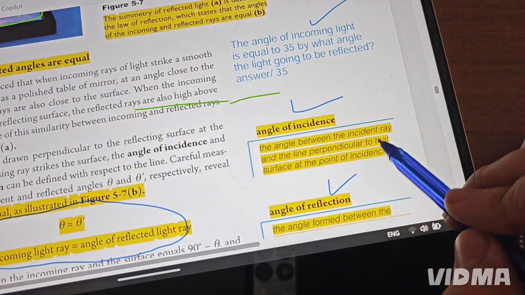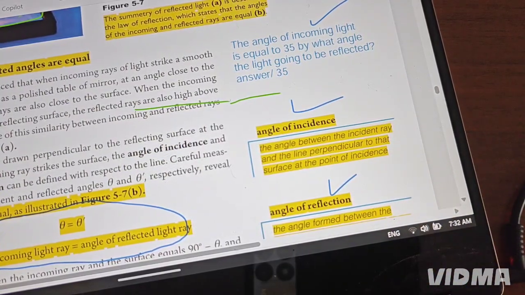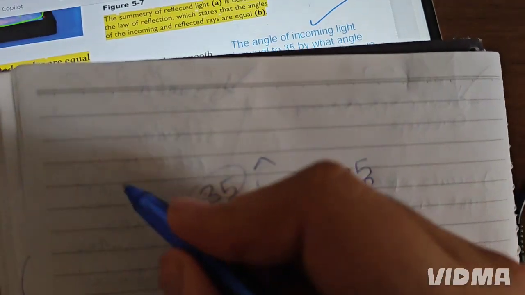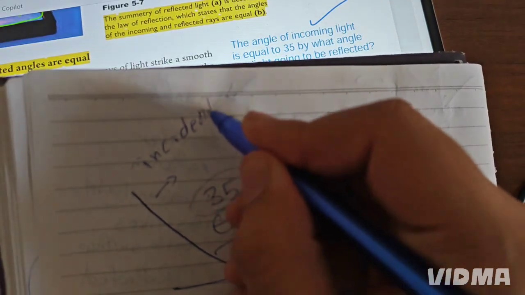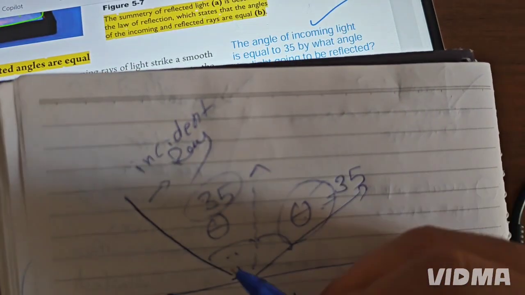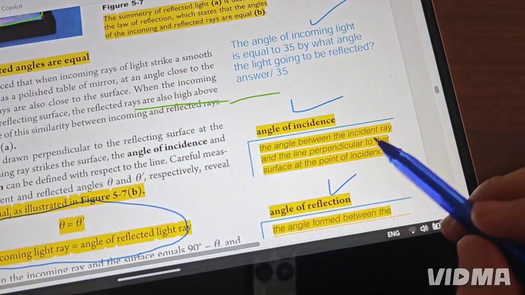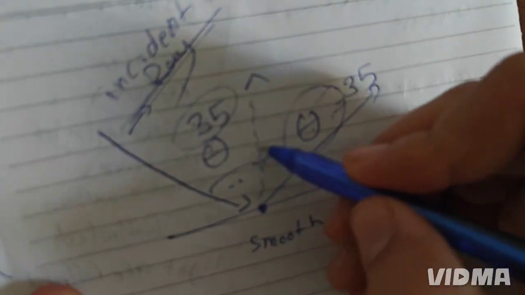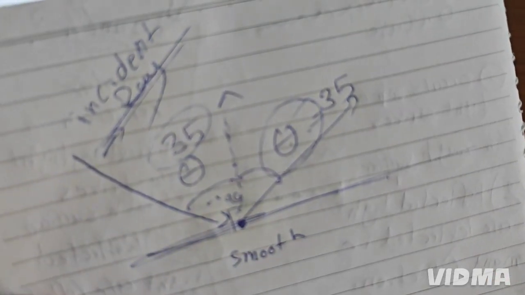the angle between the incidence ray and the line perpendicular to that surface. The angle between the incidence ray, it means this one. This is called the incidence ray or incidence light. And the angle between the incidence ray and the line perpendicular to that surface. If you notice, these dotted lines are perpendicular to the surface, there is 90 degrees, right?